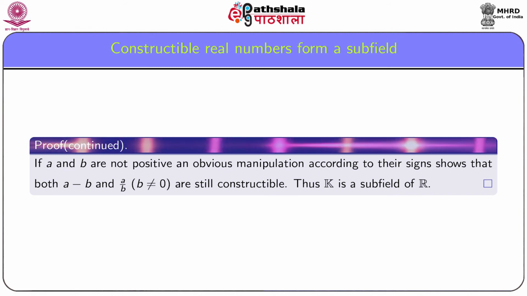If A and B are not positive, an obvious manipulation according to their signs shows that both A minus B and A by B are still constructible.